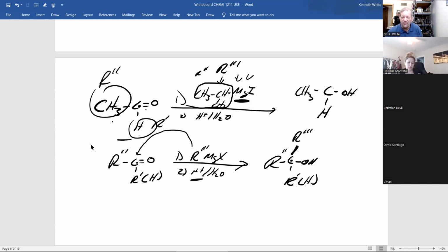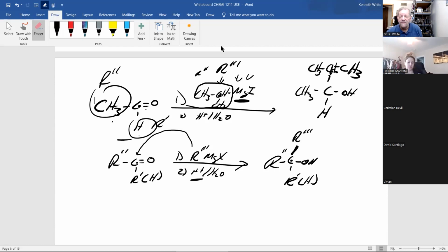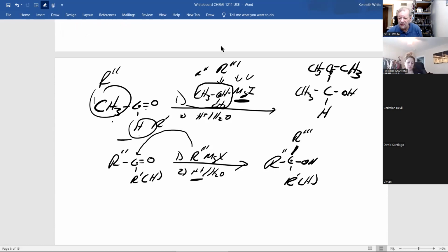The carbon with the Grignard will be the carbon bonded to the carbon with the hydroxyl group. And that's how you do it.